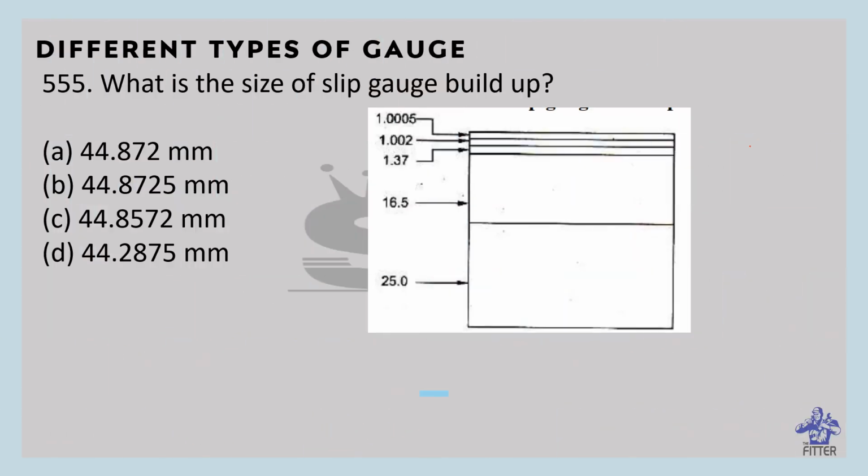What is the size of the slip gauge buildup? So here the given slip gauge heights are 25, 16.5, 1.37, 1.002 and 1.0005.